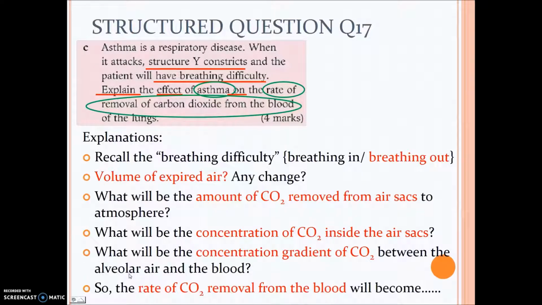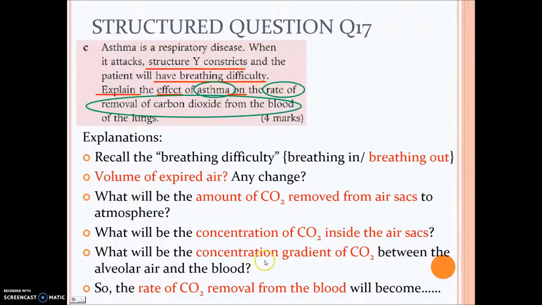For this case, I have a detailed plan for you. The volume of expired air, the amount of carbon dioxide removed from the air sac to the atmosphere, any changes, the concentration of carbon dioxide inside the air sac, higher or lower, and what will be the concentration gradient of carbon dioxide between the alveoli air and the blood. Alveoli air means the air in the air sac.